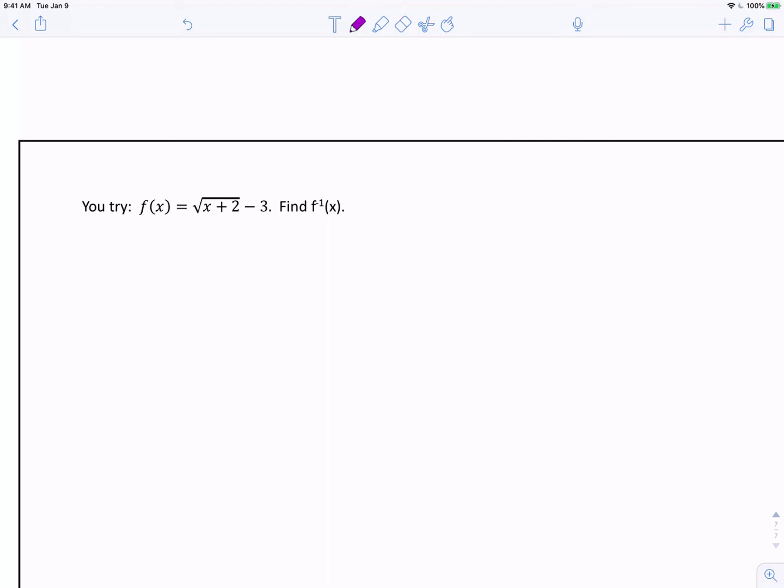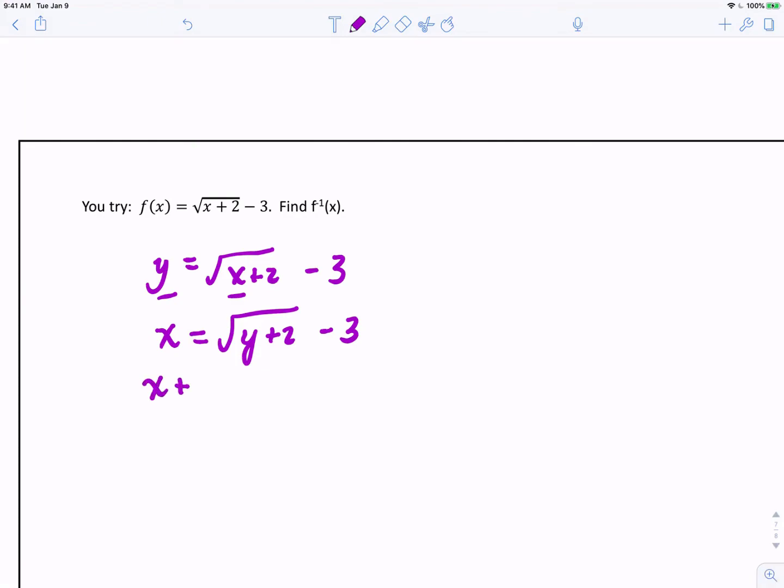Now, if you're wondering how we got the answer that was in the quiz, let's just work this one out together for practice. y is equal to the square root of x plus 2 minus 3. We're going to interchange x and y. And now we're going to solve for y. So we'll add 3 to each side.